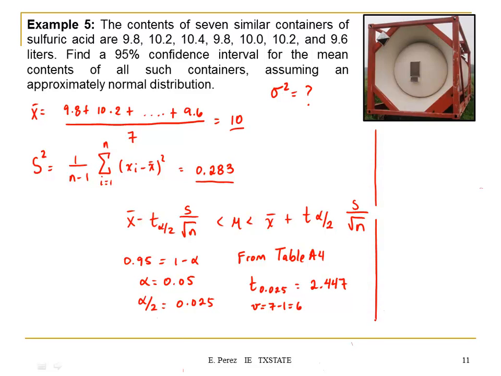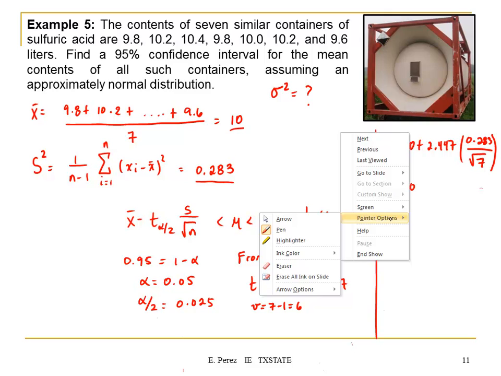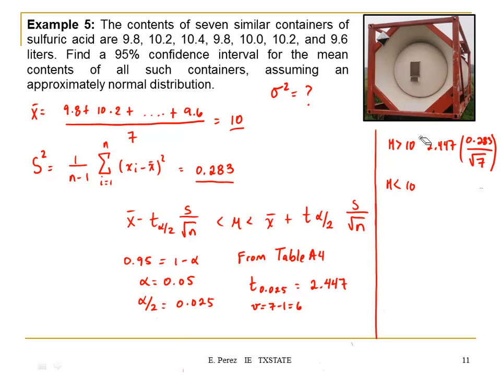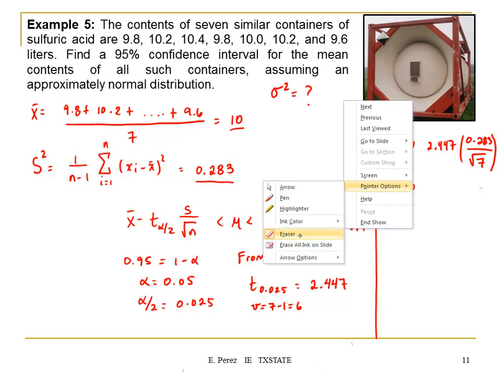So I will write that here. So we're going to have mu greater than 10 plus 2.447 times 0.283 divided by the square root of 7, and mu less than 10. Oops, this is inverted.